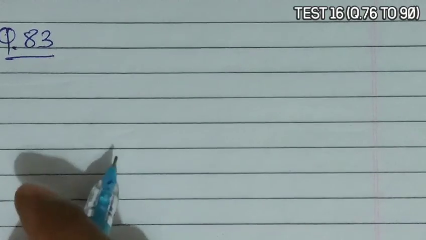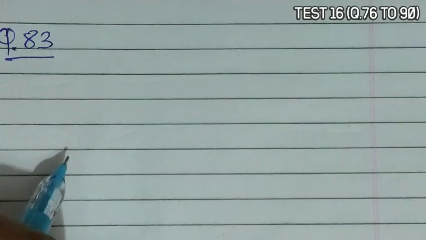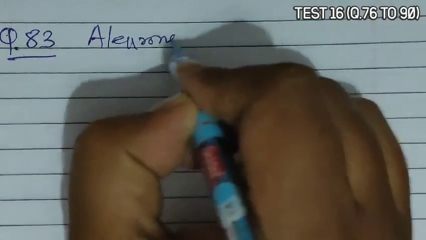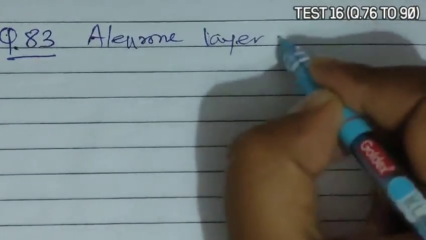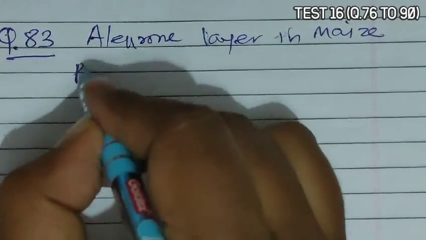Question 83 asks where the aleurone layer in maize is present.